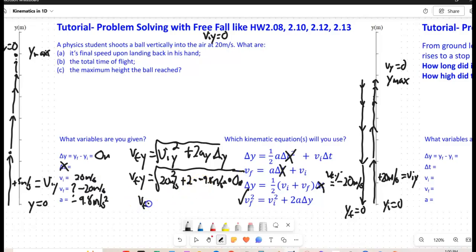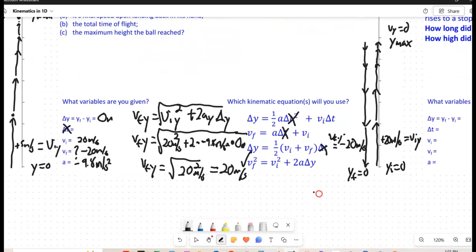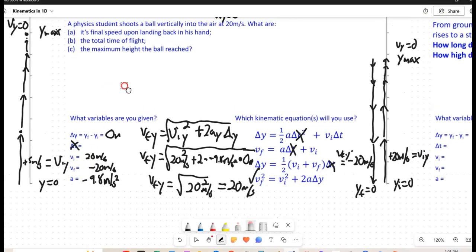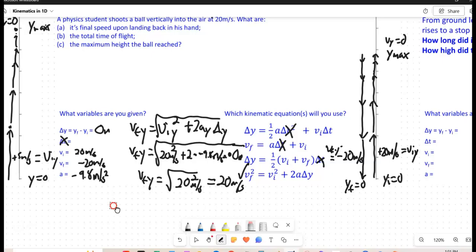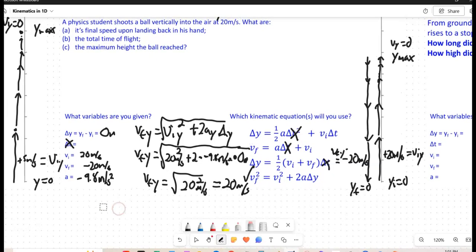So our v final y, which is really weird, is just 20 meters per second that we've squared and square rooted. So it's going to be landing back in at the same speed that it left your hand, which is 20 meters per second. The velocity will be negative, but the problem is asking for its speed, so that speed is going to be 20.